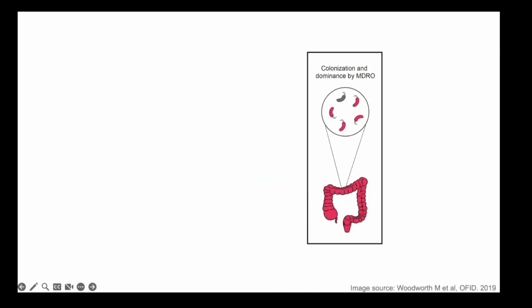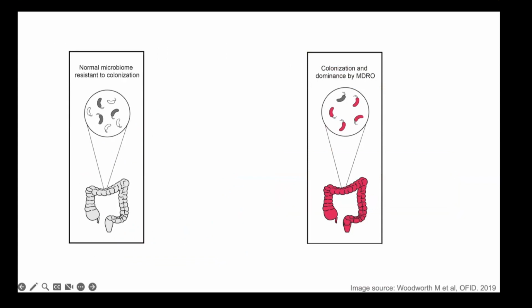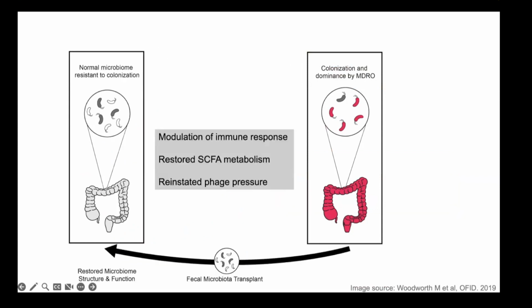If we go back to our initial diagram, here we have a disrupted microbiota, which is colonized by and dominated by MDROs. A fecal transplant can then restore our normal microbiome and thus restore our resistance to MDRO colonization, and also lead to modulation of the immune response, restoration of short-chain fatty acid metabolism, and reinstatement of phage pressure, as some of the mechanisms that we believe lead to the restoration of a normal microbiota.